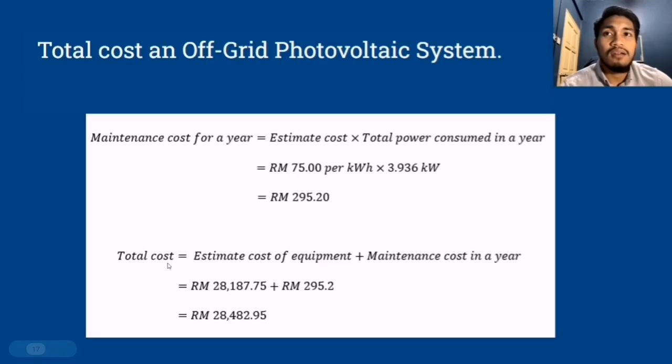The total cost that we obtain by adding the estimated cost of equipment and maintenance in a year is RM 28,482 and 95 cent. So that's all from me for the documentation of the design.